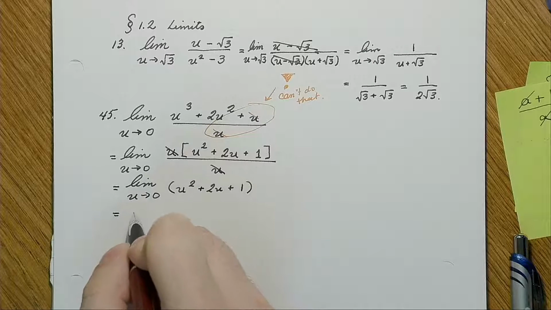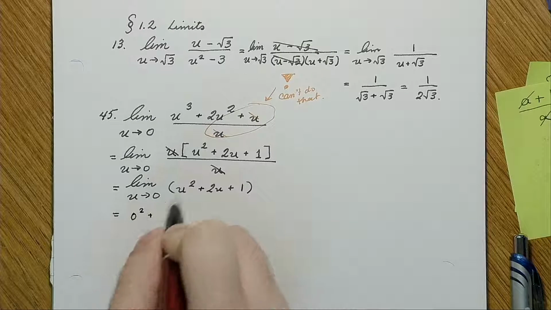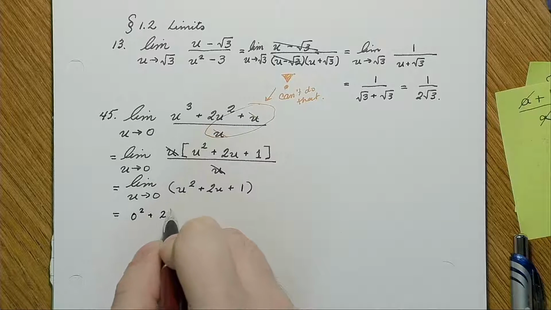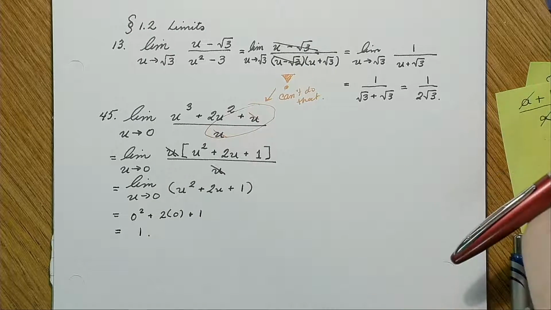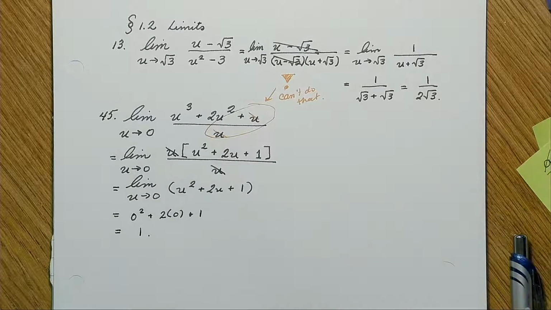So I have 0 squared plus 2 times 0 plus 1 equals 1. Okay, what else?